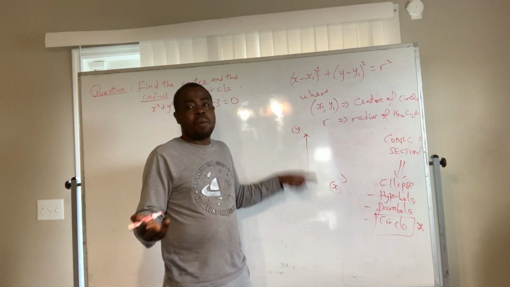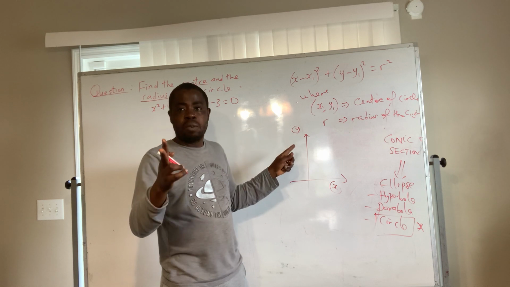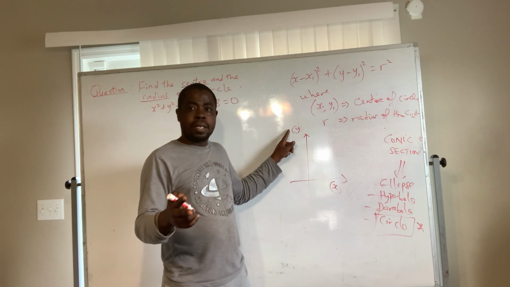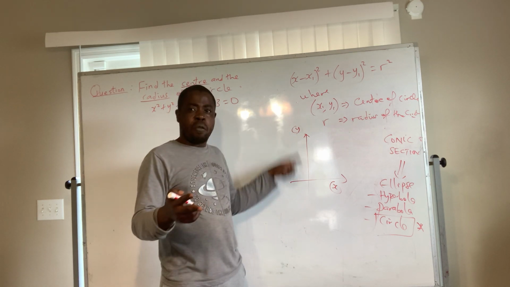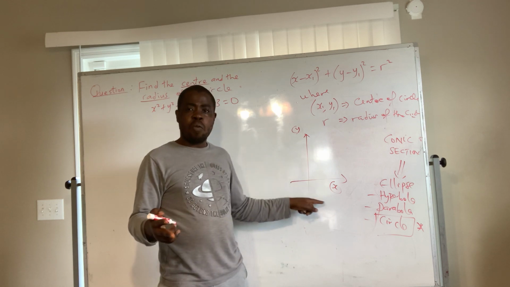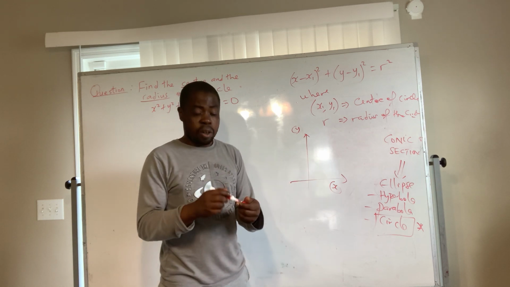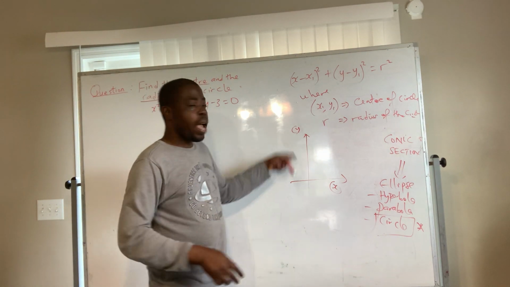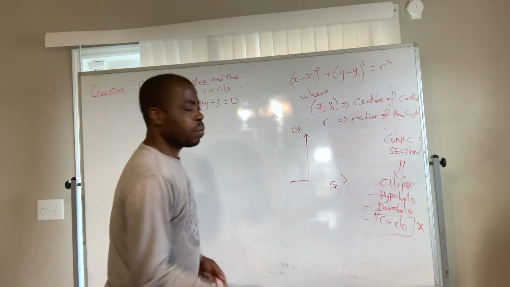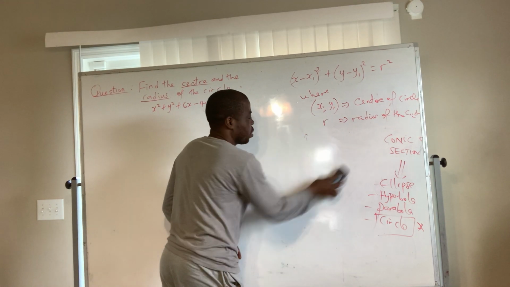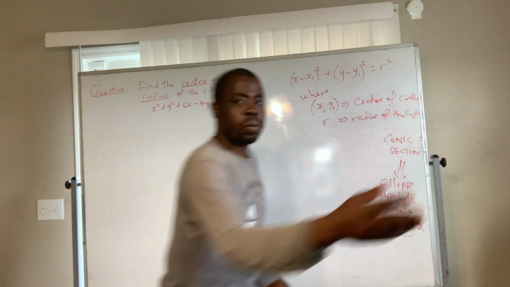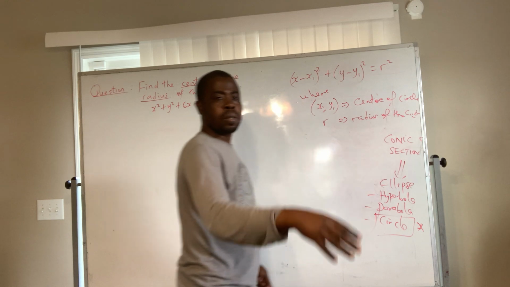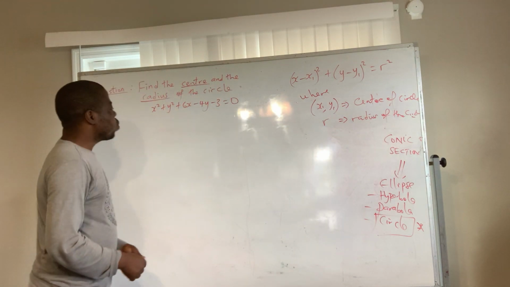It doesn't have to be x and y, but you just need two variables: one for the vertical axis, the y-axis, and the second for the horizontal axis. Conventionally all over the world, we use y and x.